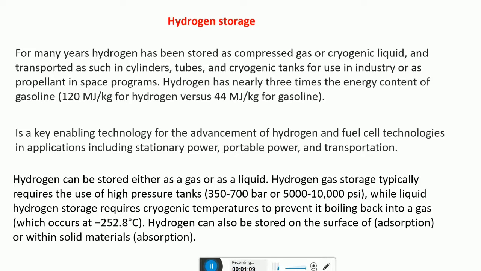Hydrogen gas storage typically requires the use of high pressure tanks with a pressure of 350 to 700 bar, while liquid hydrogen storage requires cryogenic temperatures to prevent it boiling back into a gas. Hydrogen can also be stored on the surface of or within solid materials, which is called adsorption or absorption.